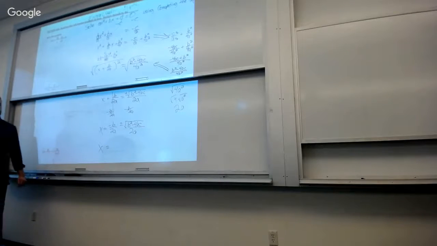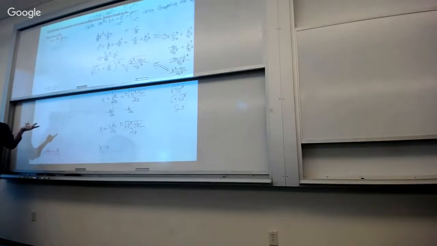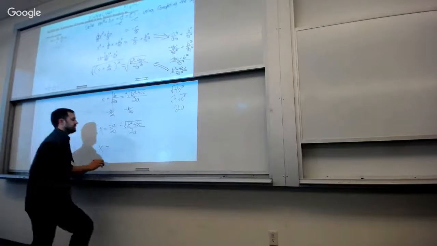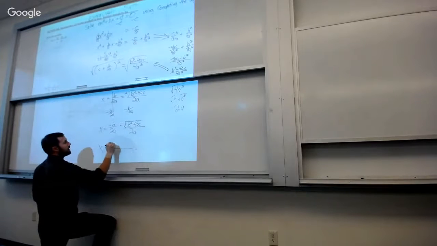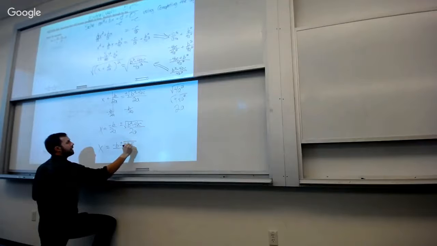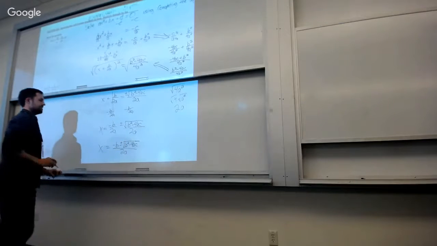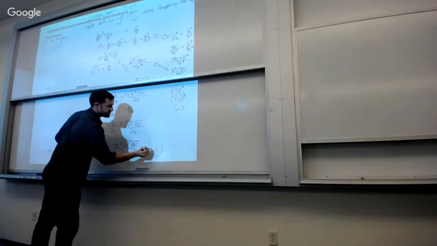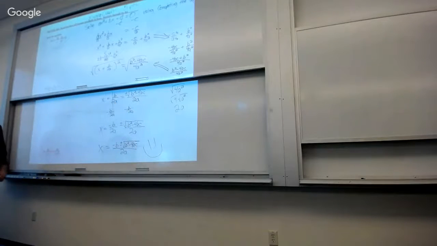Combine like terms. We have a common denominator. So negative b plus or minus the square root of b squared minus 4ac over 2a. Yay! Huge smiley face. That is the quadratic formula. Isn't that cool?